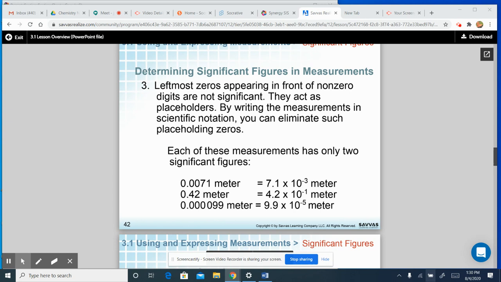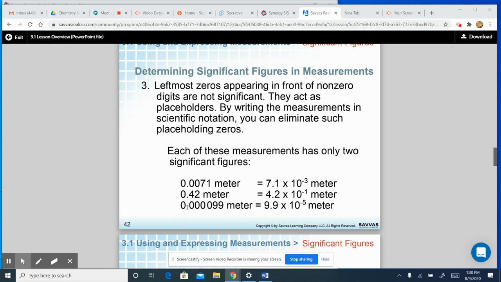We could take this decimal and move it 3 places to the left, and in that case we would only have 2 significant figures. Right here we could move the decimal 1 place to the left and write it as 4.2 times 10 to the negative 1. Therefore, it would only have 2 significant figures.